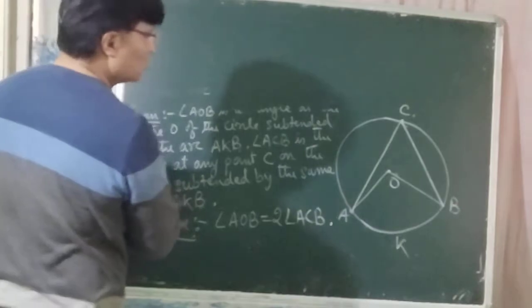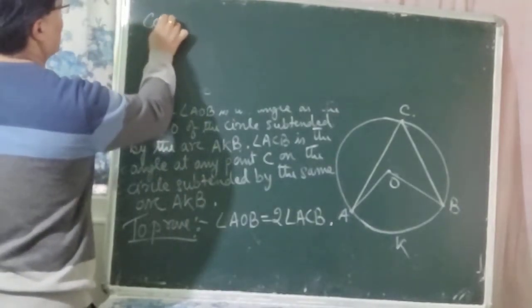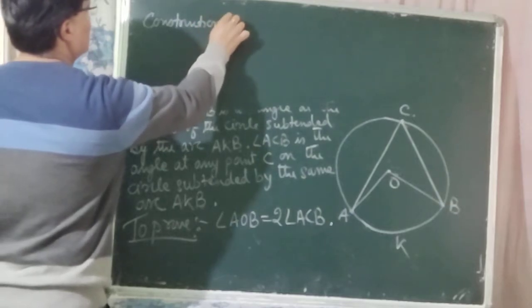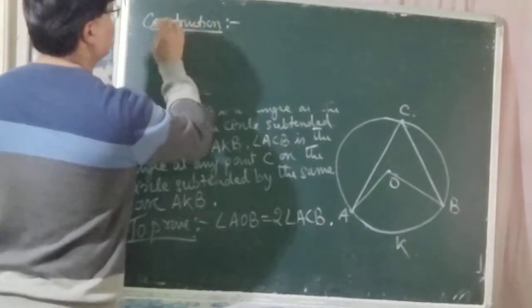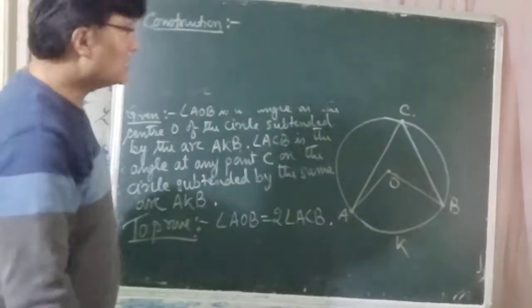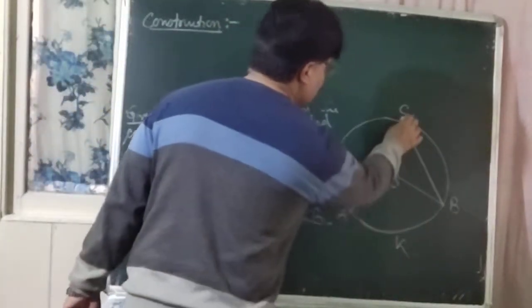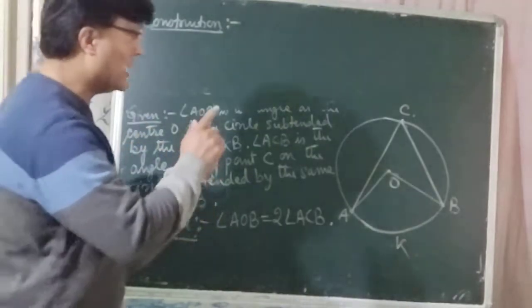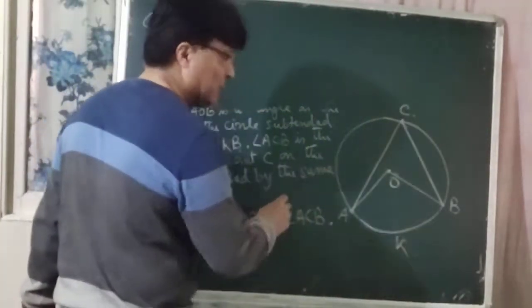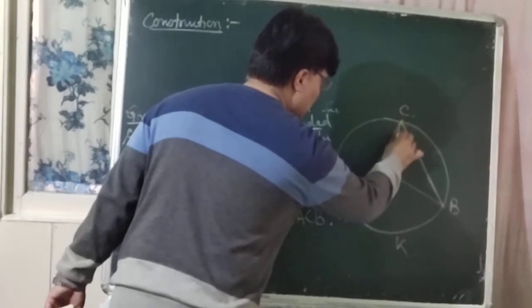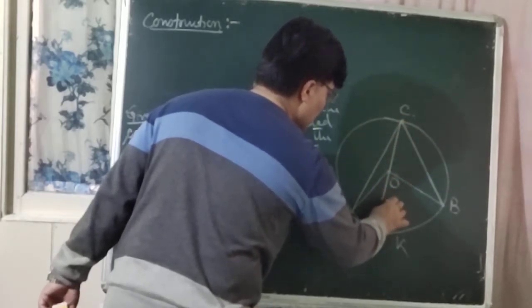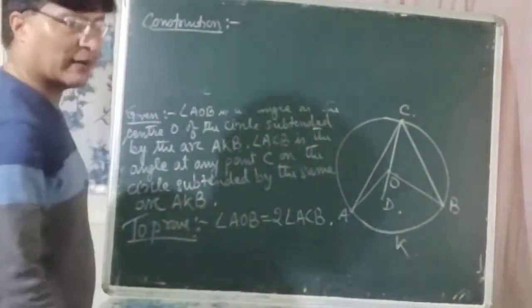Now you have to do the construction part here. Now in this case, let us join O and C, and let us produce it up to D. Let us join C and O and produce it up to the point D. Right?